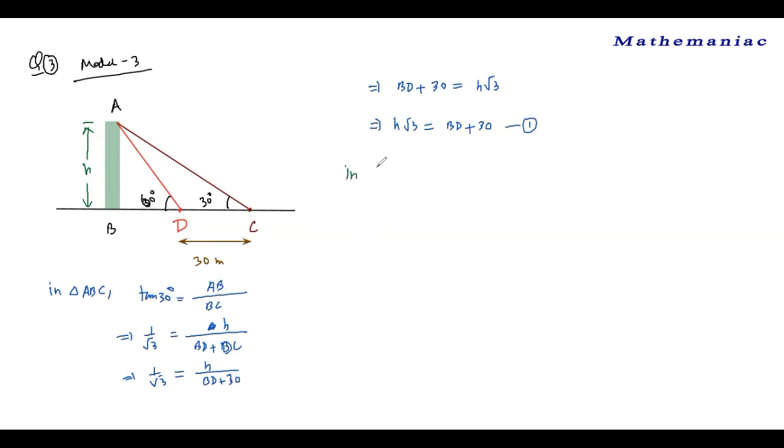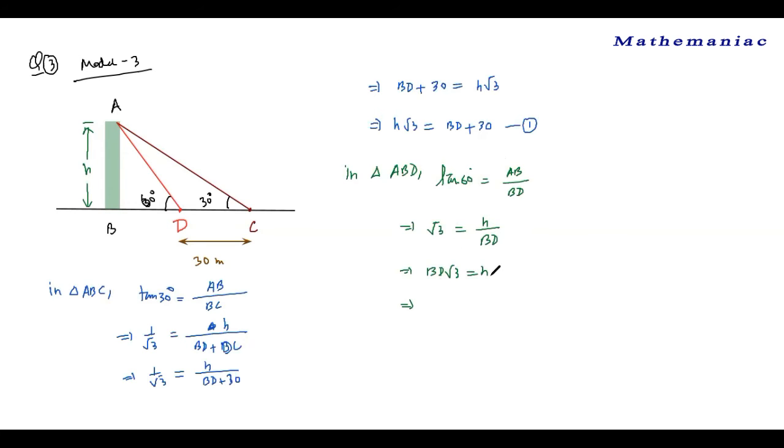You have the another triangle. What is the triangle? It is ABD. In this ABD, you take tan of 60. That gives you what? AB by BD. tan 60 gives you root 3. AB is H, then BD is here. Now do the cross multiplication. BD root 3 is equal to H. Now you see at this particular point of time, many students do what?